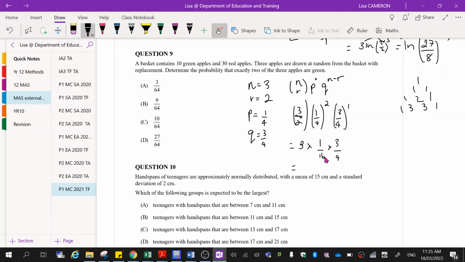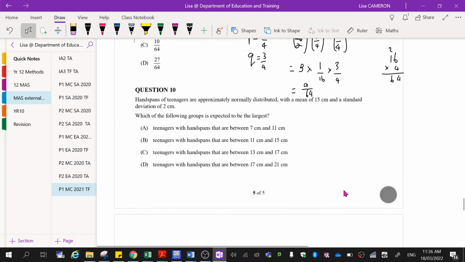So that's going to give me 9 over, now quickly let's just work out 16 times 4. 4 times 6 is 24. 4 times 1 is 4 plus the 2 will make 64. So my answer for that one is going to be B. Now, I can see all of these are going to be over 64, so I know that that base is definitely correct. This is also the correct answer. I checked before I did this.